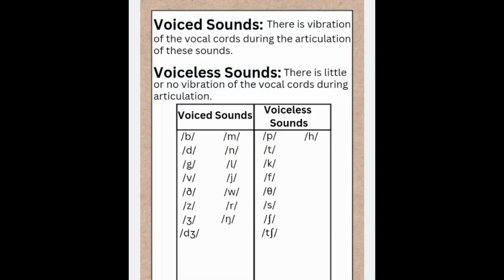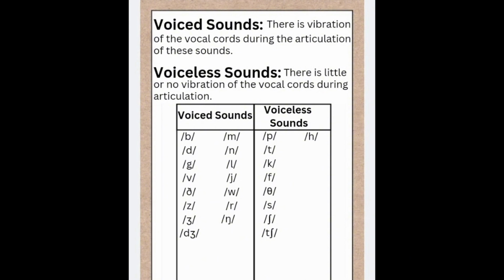Now, let's look at the sounds of consonants, one after the other. Consonant sounds appear in two forms. They are regarded as the voiced sounds and the voiceless sounds. What happens when we have voiced sounds?